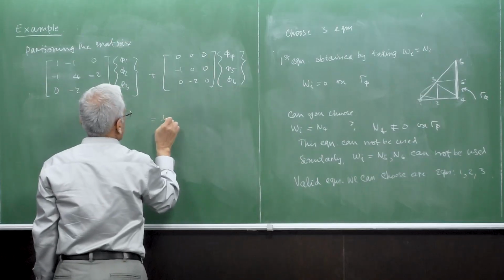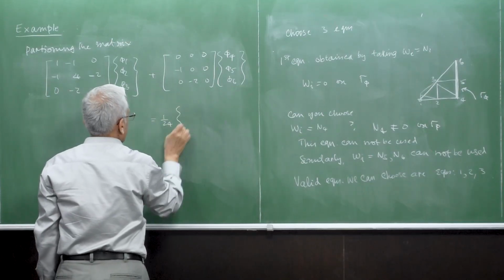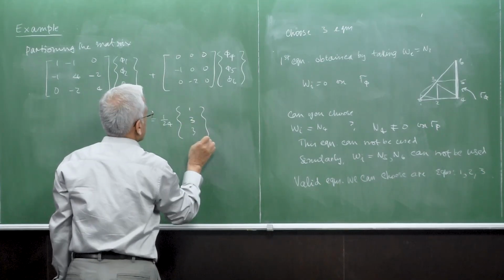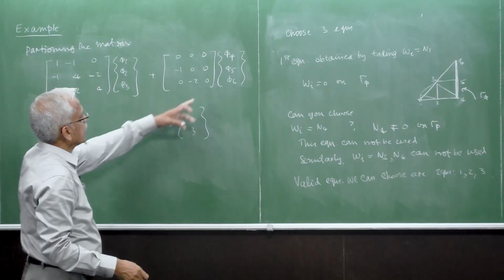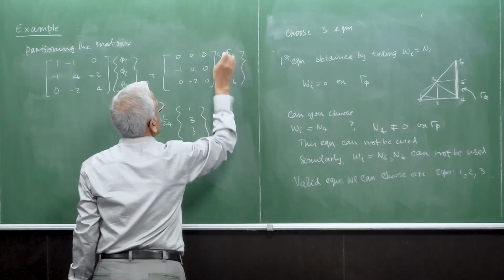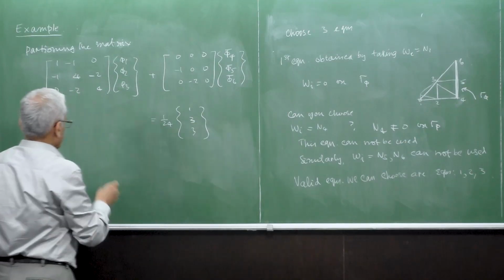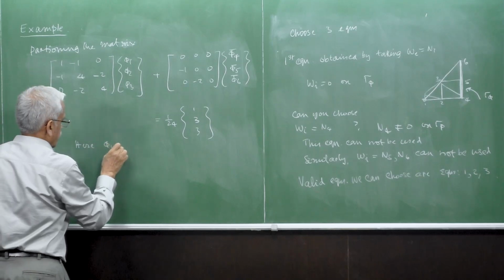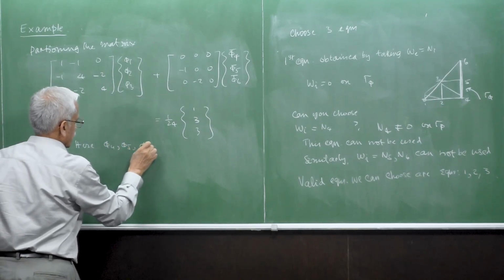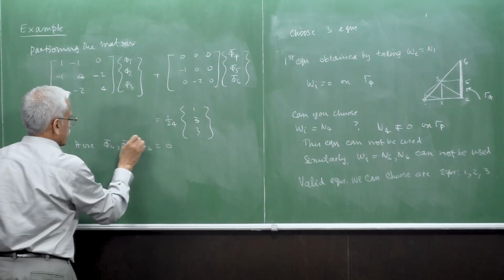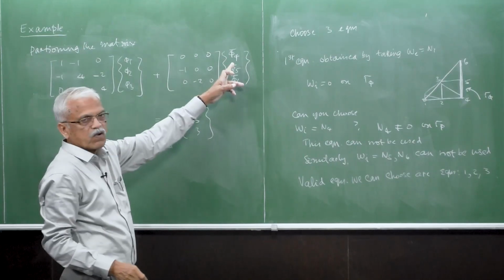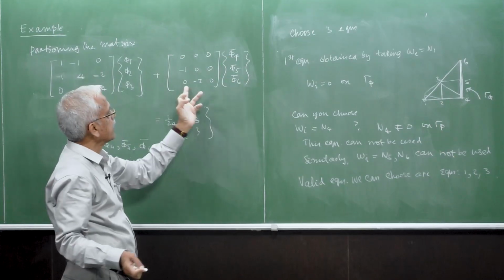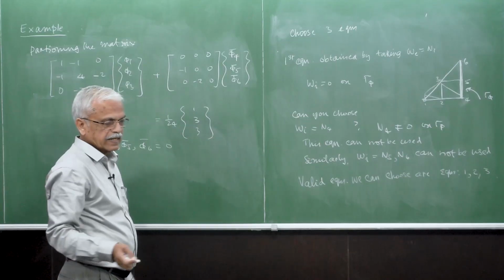This is equal to 1 by 24 times, on the right side, 1, 3, 3. Phi 4, phi 5 and phi 6 are given to be 0 in this particular problem. Otherwise, if it is non-zero, you can also take that. Maybe if it is 100 degrees, you can take 100, multiply it and take it to the right side.